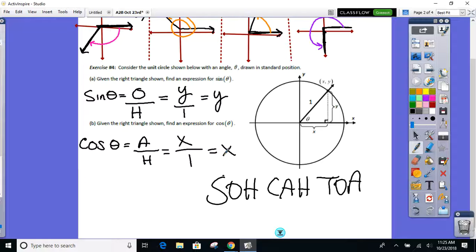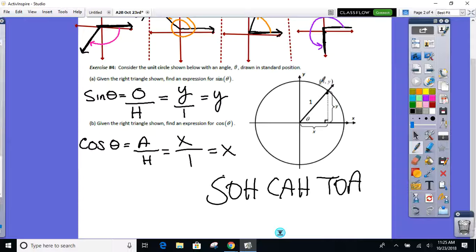And here's what's probably coming up next in that big text box. The biggest thing I need you to know about this unit circle: great that you know all the radii are 1. That's perfect. Here's the huge concept I need to sink in before you leave today and the rest of the week. When you are on the unit circle, any coordinate on there, the x coordinate represents the cosine of the angle.